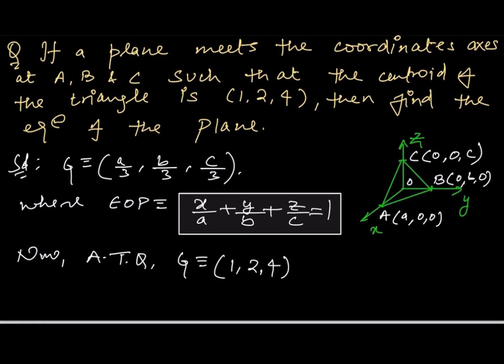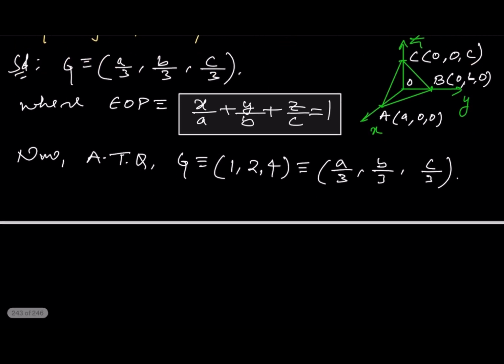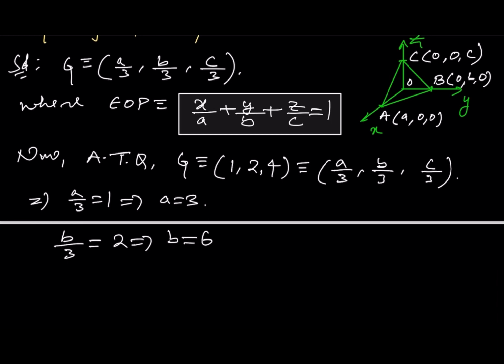So it is equivalent to a/3, b/3 and c/3. So I can get a, b and c with the help of this. So a/3 = 1 implies a = 3. b/3 = 2 implies b = 6. And c/3 = 4 implies c = 12.